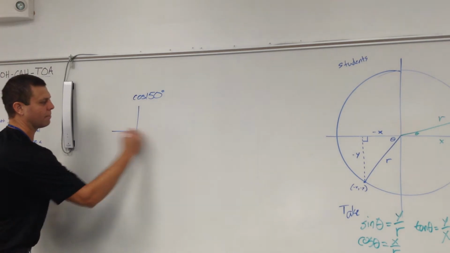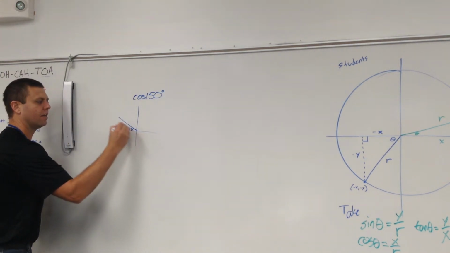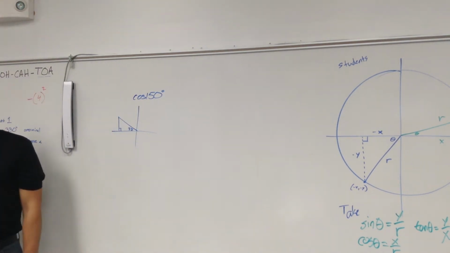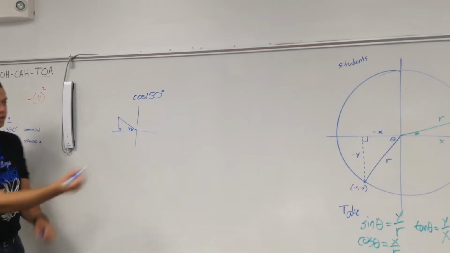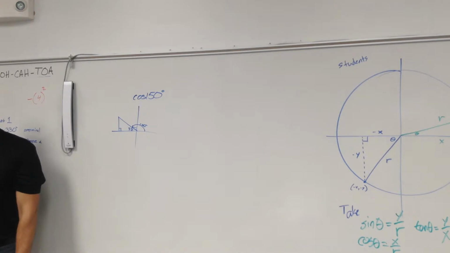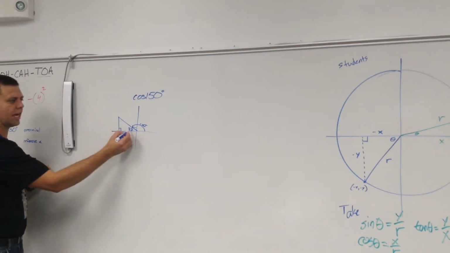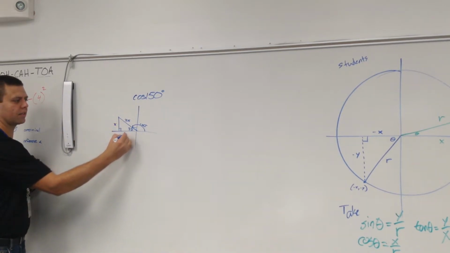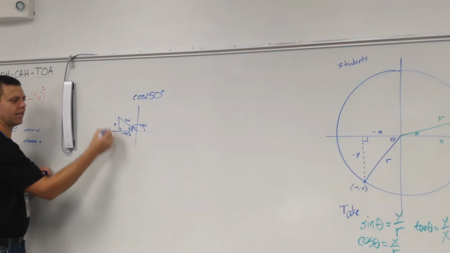So really, I'm just looking at a picture that would look something like this, right? That's 150 degrees right here. Questions so far? Label your sides. x, 2x, x root 3. That's negative, that's positive.